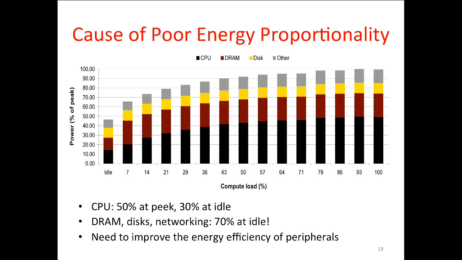However, if you look at the peripherals like DRAM, disk, and other things, which include network switches, you can see that it doesn't decrease a lot as the server becomes idle, right? So this is what you have to improve to get energy proportional computing.